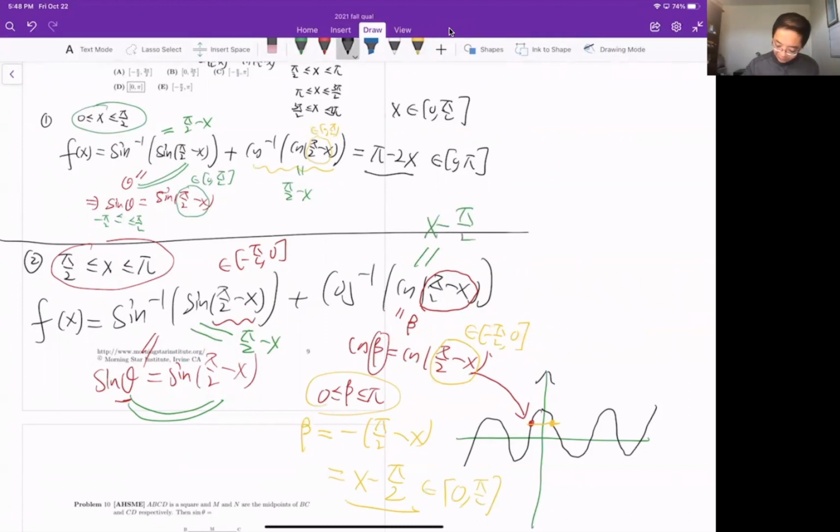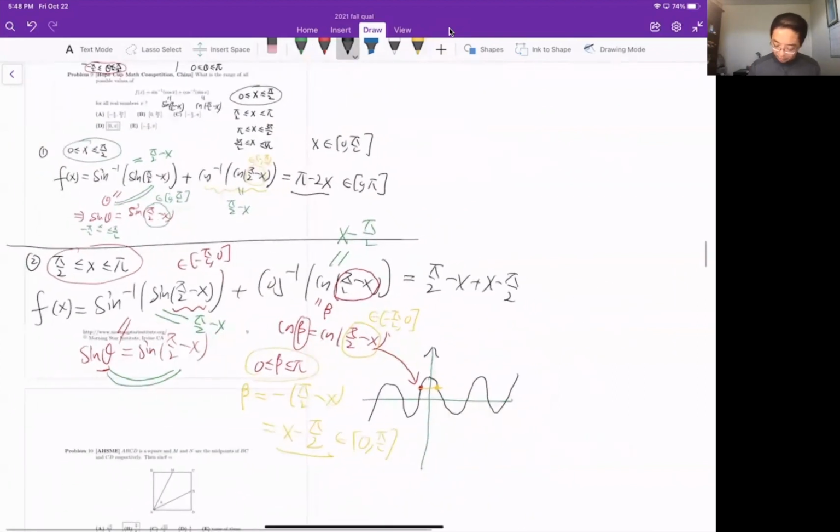Now, what you get is (pi/2 - x) + (x - pi/2), which just equals 0.